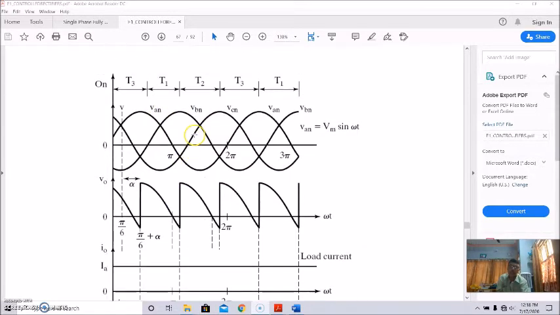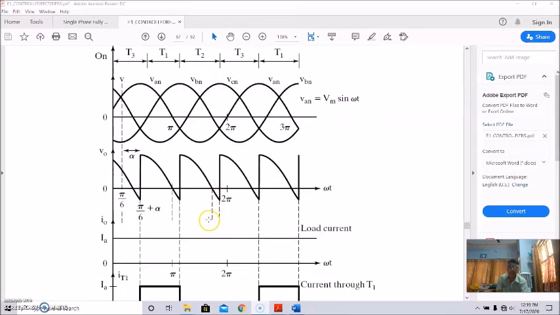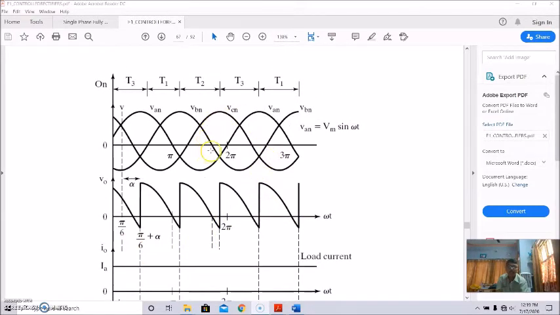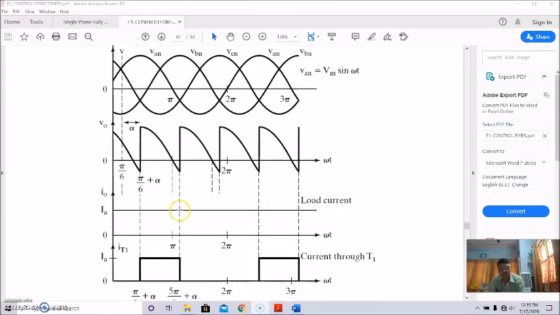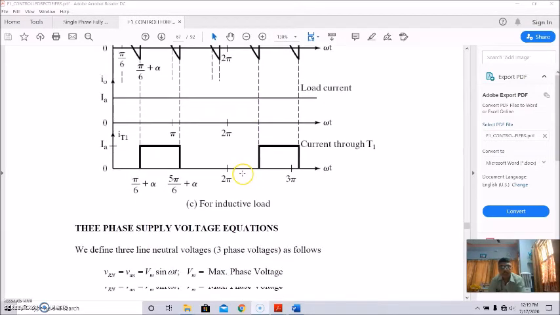If we put all these three in the same diagram, it will be complicated. That's why only the A phase and its corresponding thyristor 1 conduction, its output voltage and load current, and the conduction of thyristor 1 are shown in this figure.